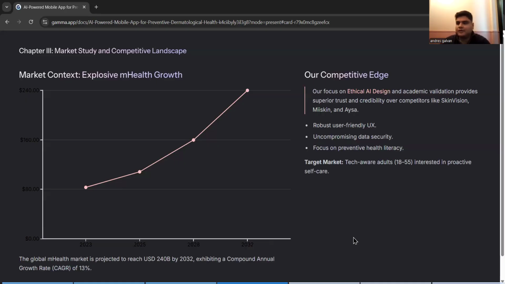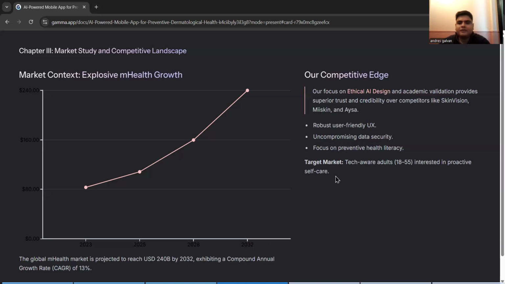We are also making it privacy first, with local data storage and anonymization, which means we don't compromise security, and we are focusing on preventive health literacy.